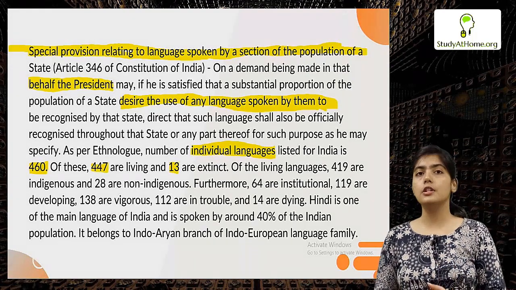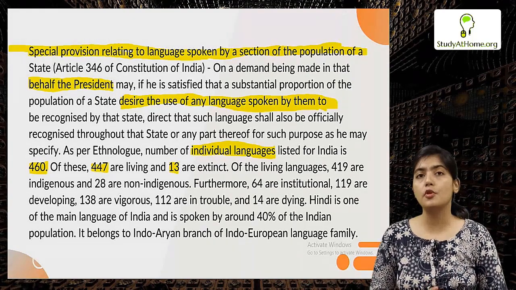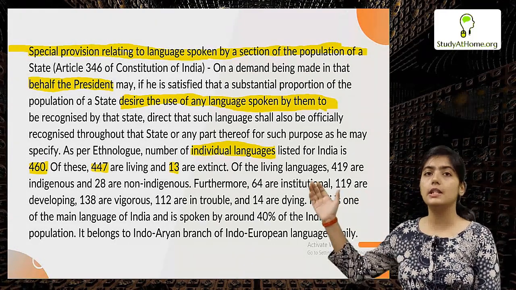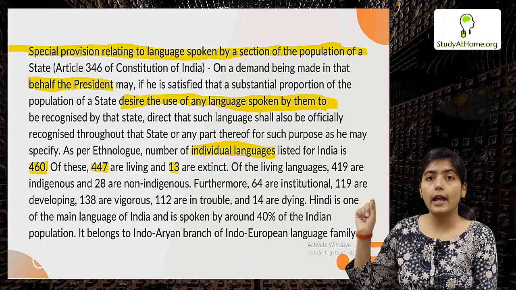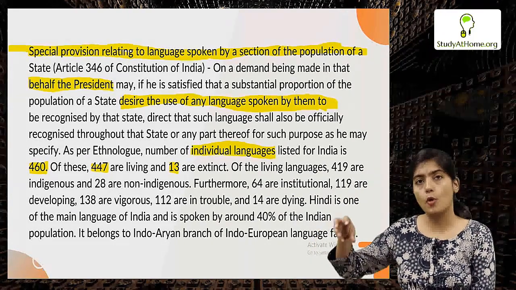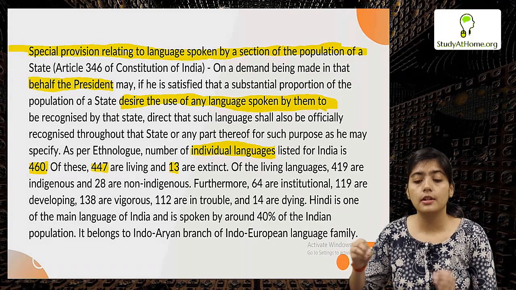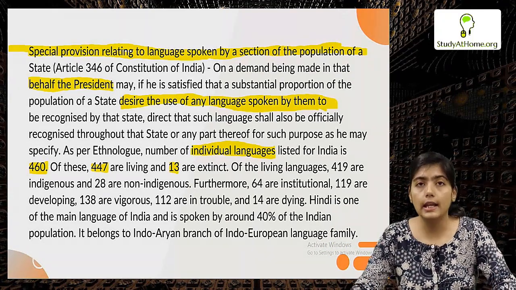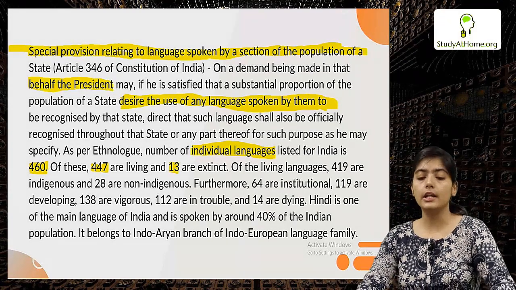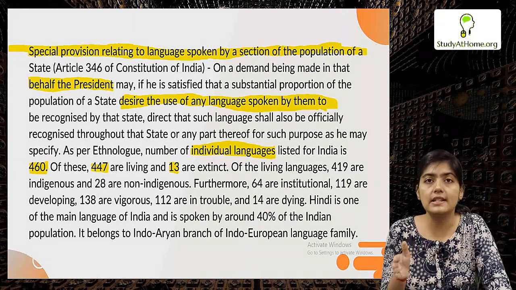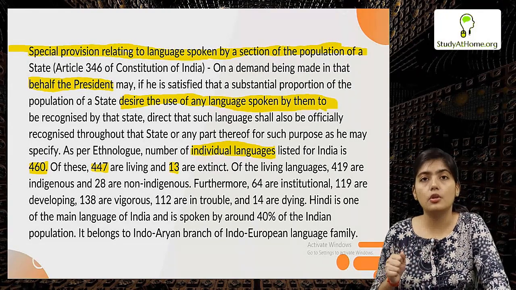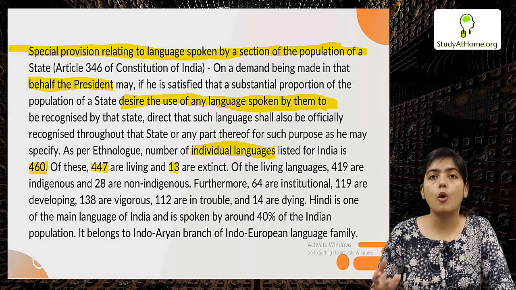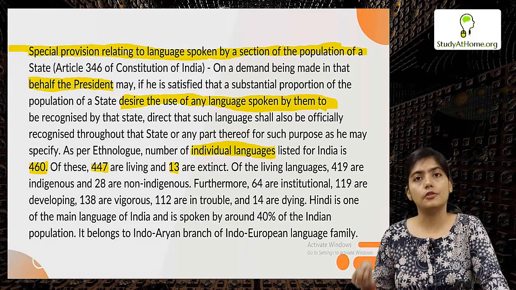Article 346 of the Indian Constitution deals with the special provision of language, and in this special provision, as you can see in these highlighted points, if any state or any section of the population desires their language to be the official language, then they can list it, take the permission of the President, and after the President's permission they can opt for their own language as the official language.